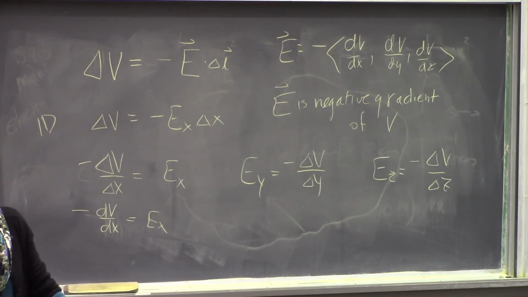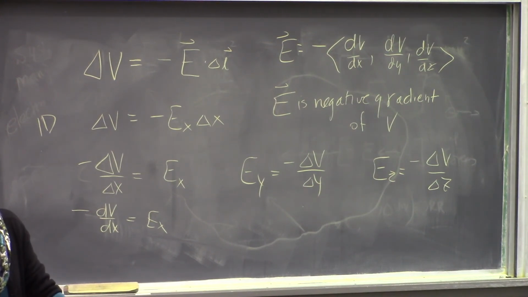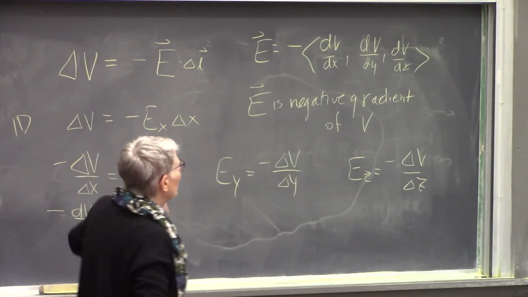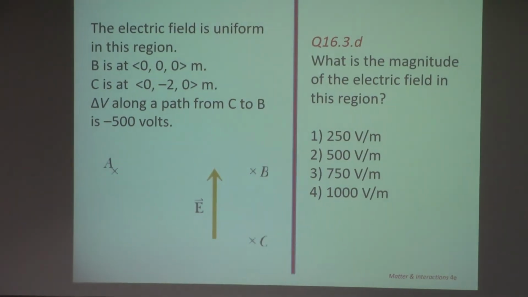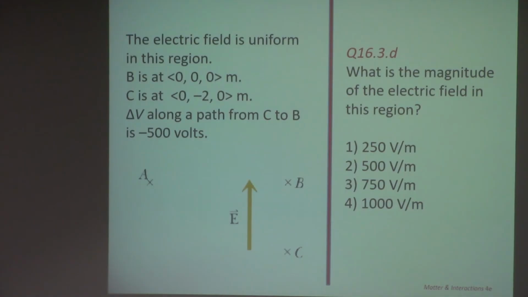So we can use it in simple ways to solve simpler problems. Let's see this one. We can apply this to do a backwards problem, basically. If we know a potential difference along a path in a region where we know the electric field is uniform, what's the electric field?